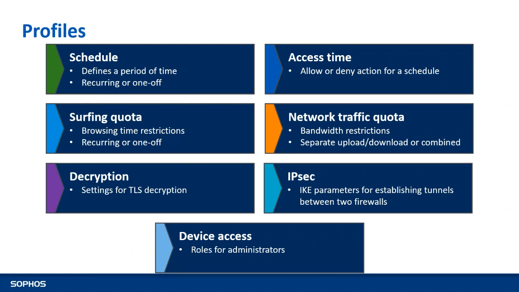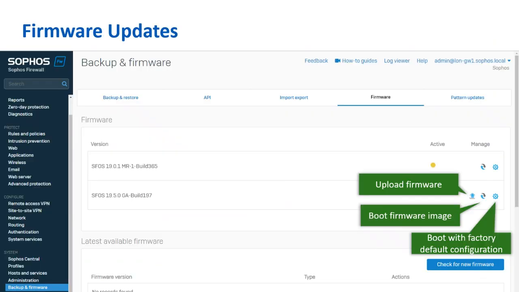There are profiles for a schedule, which defines a period occurring one time or recurring; the access time, which defines an allow or deny action for a schedule; the browsing quota, which defines recurring or one-time restriction for browsing time; the network traffic quota for upload and download bandwidth quota restrictions; decryption to control the decryption of TLS traffic; IPsec to specify internet key exchange parameters for tunneling between two firewalls; and the device access, which defines access roles for administrators who log on to the web admin.